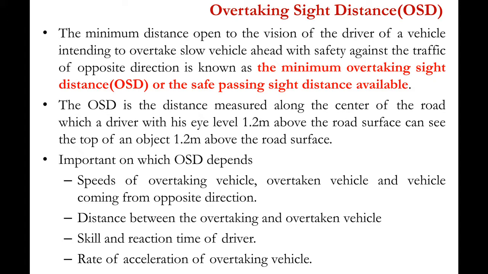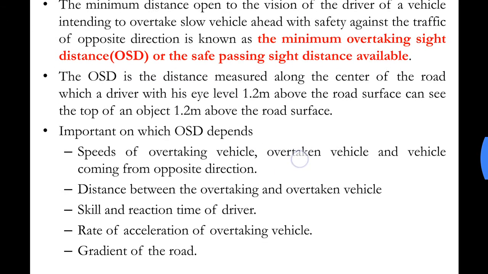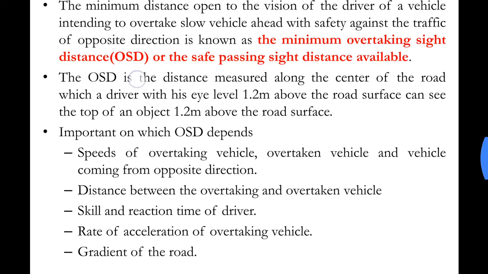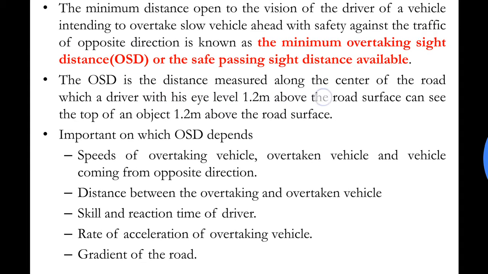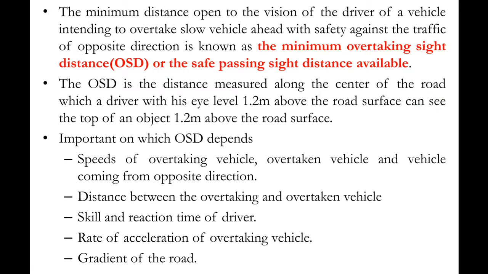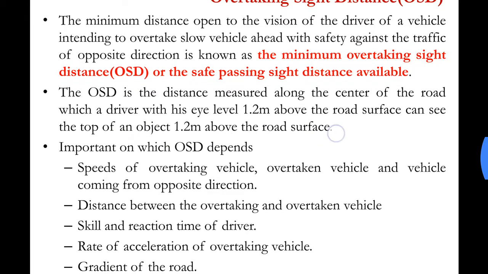Okay, we'll try to understand this with a diagram. The OSD is the distance measured along the center of the road which a driver with his eye level 1.2 meter above the road surface can see the top of an object 1.2 meter above the road surface.